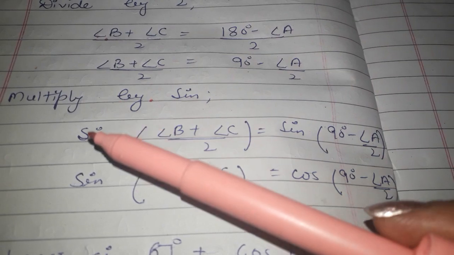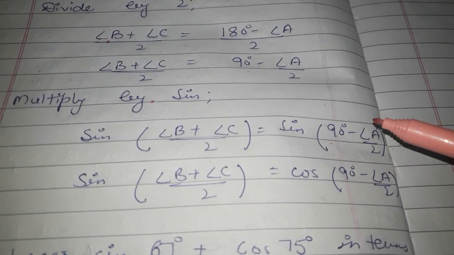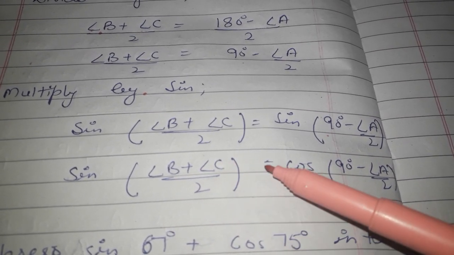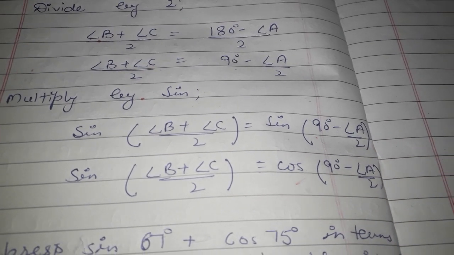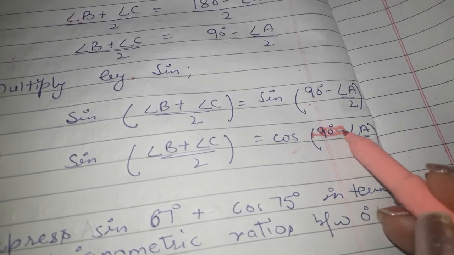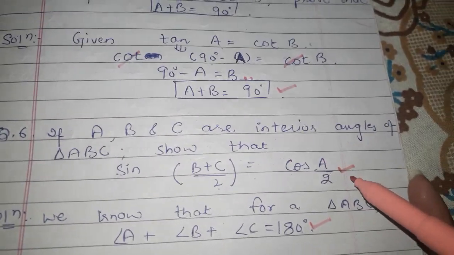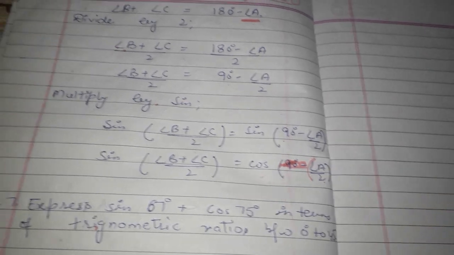That means it becomes sin of (B plus C) by 2 equals sin of (90 degree minus A by 2). Sin 90 degree minus theta is cos theta, so only this will be written here: cos A by 2, which we have to prove. Okay, sin 90 degree minus theta will be cos theta only.